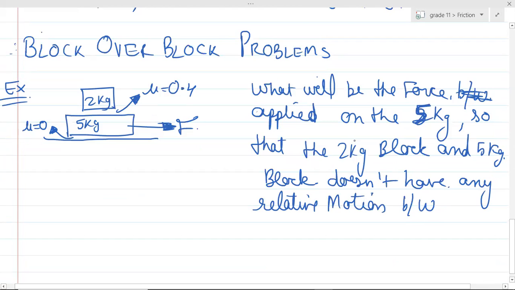You need to find out this force F so that the 2 kg block and 5 kg block don't have any relative motion between them.